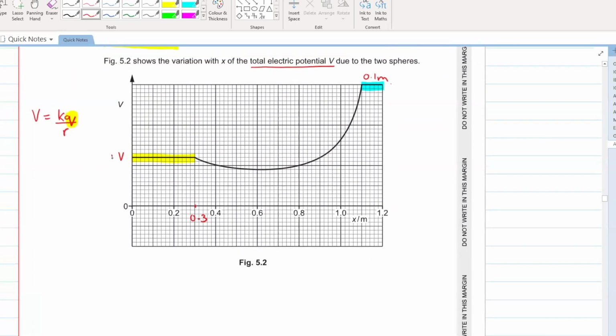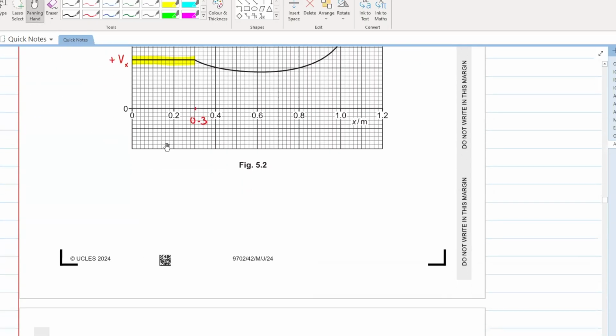This electric potential is also positive. That means both these charges are positive, or you can say both these charges have like charge.